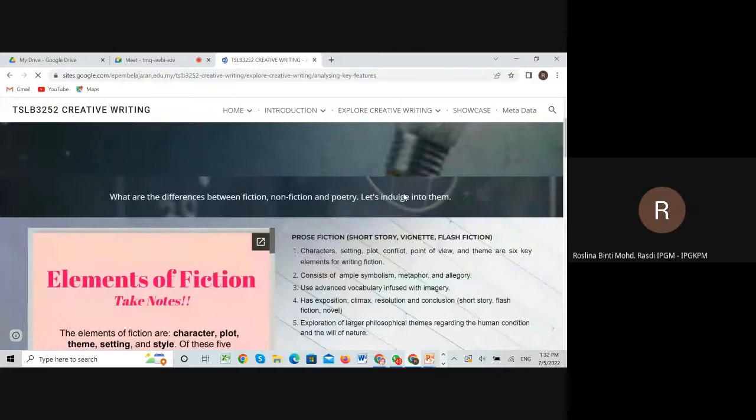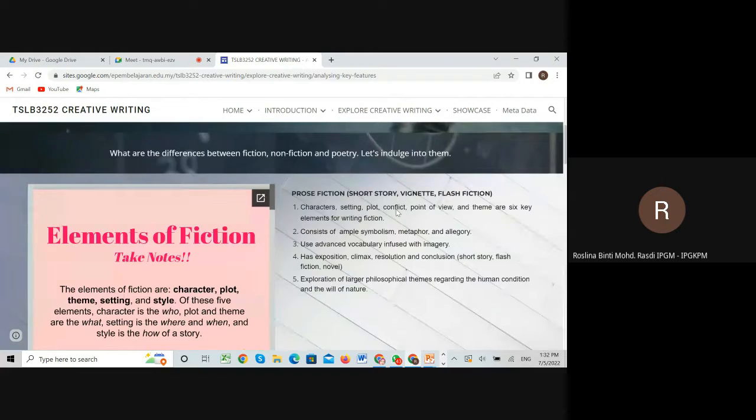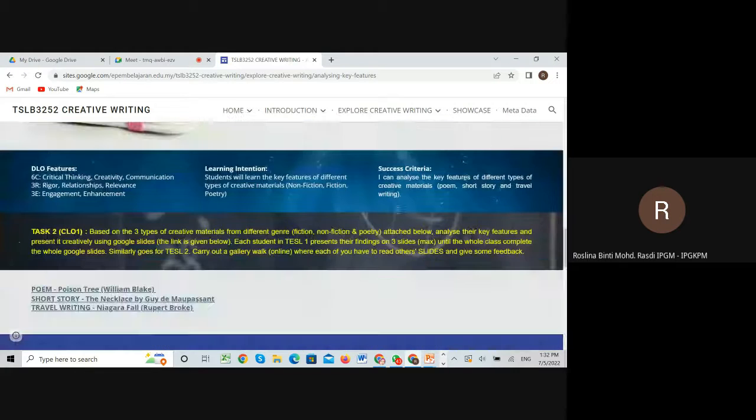In order to achieve CLO1, which is to analyze the key features of creative writing, the students were given the task to analyze the key features of 3 types of creative materials from different genres: fiction, non-fiction, and poetry, which are attached and present their findings creatively using Google Slides.